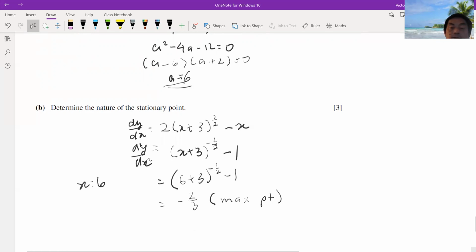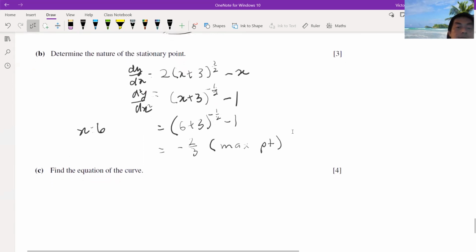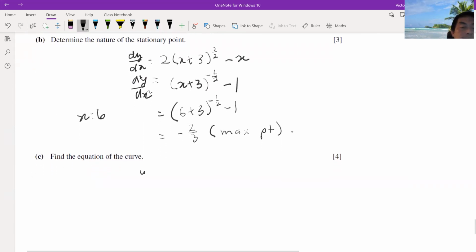Find the equation of the curve. It's not the last question yet. The last question is question 11. So you find the equation of the curve. To find the equation of the curve, y is, you need to integrate (2x + 3) to the power half minus x dx.